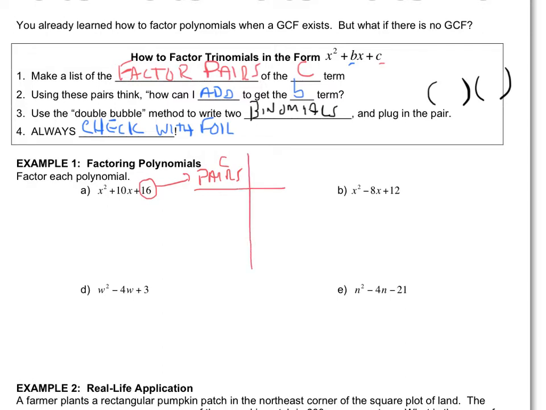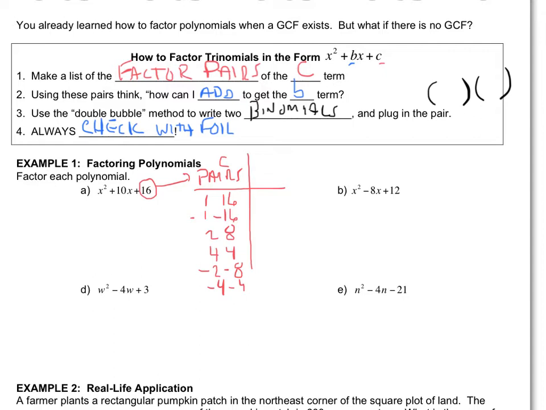Well, we can certainly do 1 times 16. We could do negative 1 times negative 16. I can do 2 times 8, and I can do 4 times 4. And obviously I could do negative 2 times negative 8 and negative 4 times negative 4. So that's step 1. Those are my factor pairs of the C value, or 16.